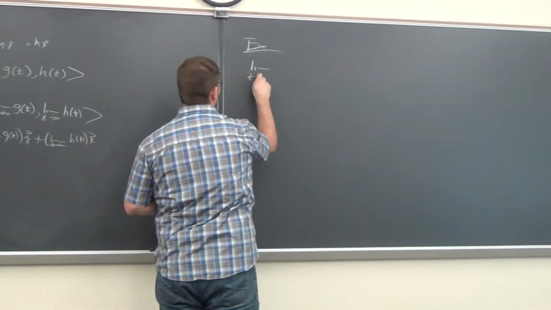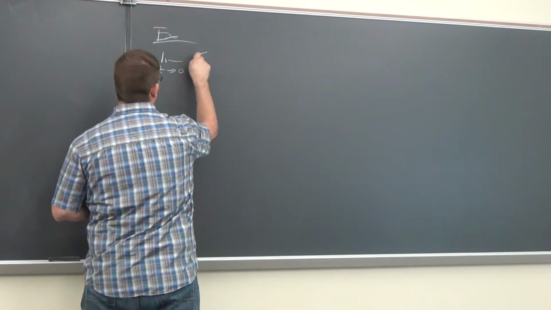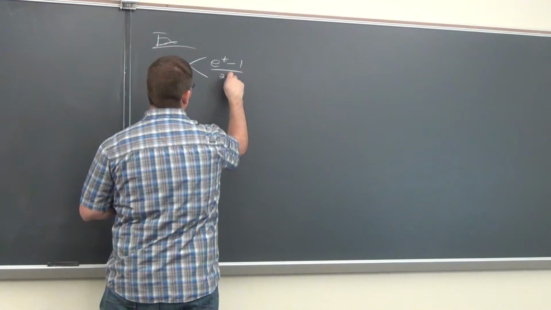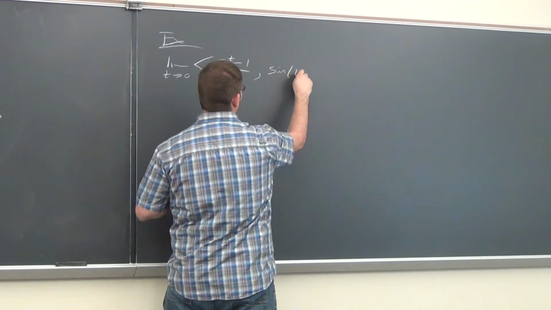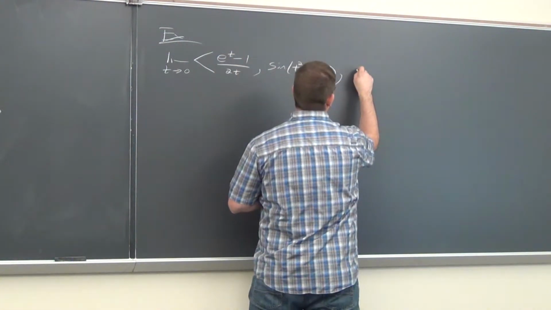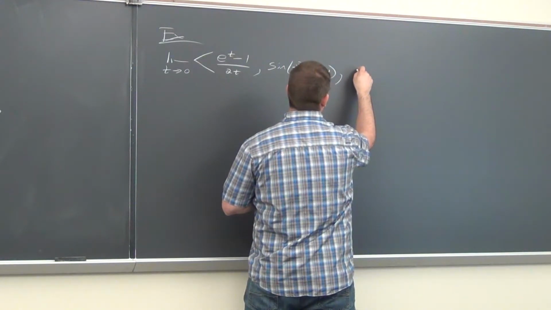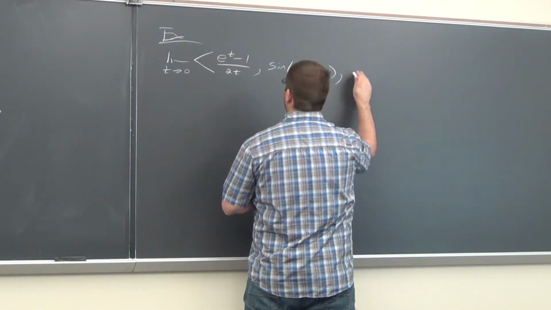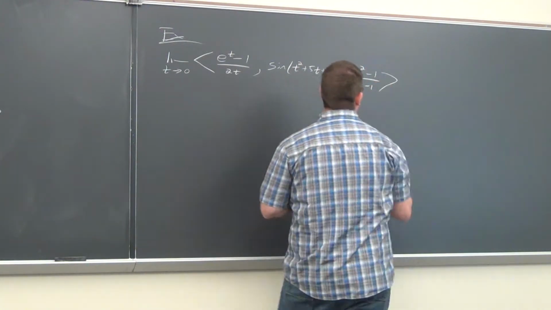I'll take the limit as t goes to 0 of the vector valued function (e to the t minus 1) over 2t, comma, and the other components, which doesn't really matter, I'm just making stuff up here anyway.